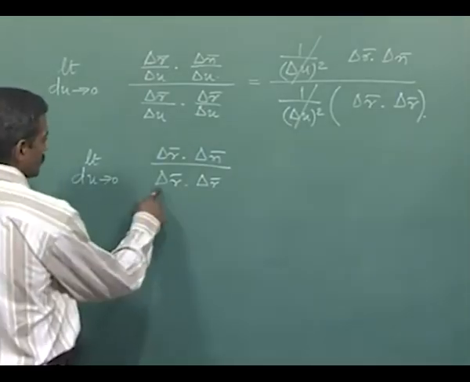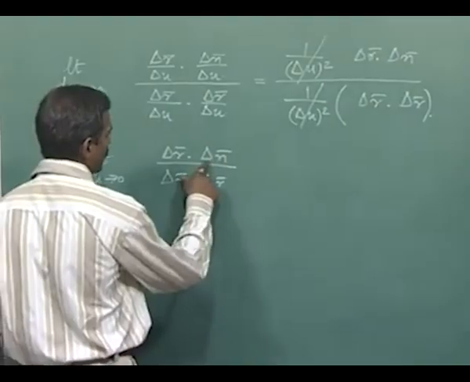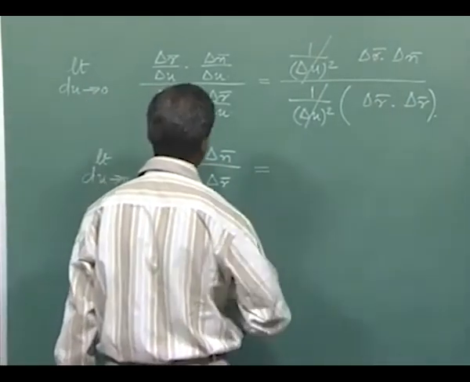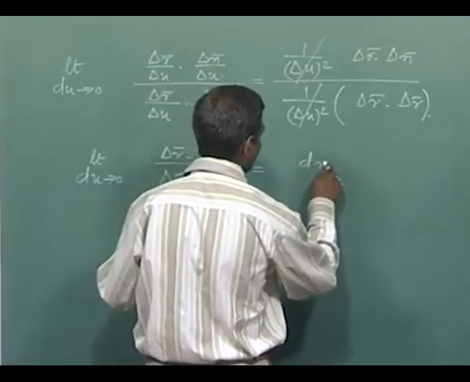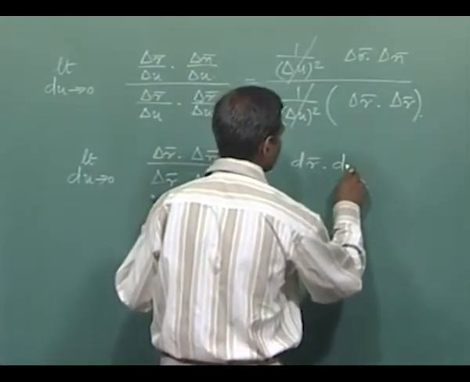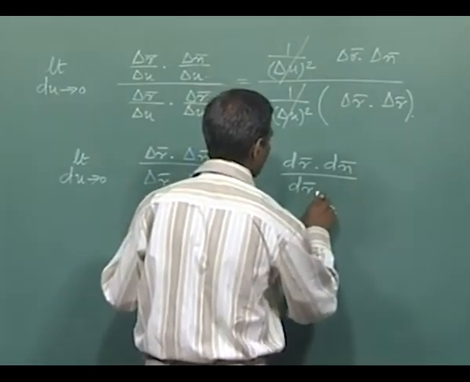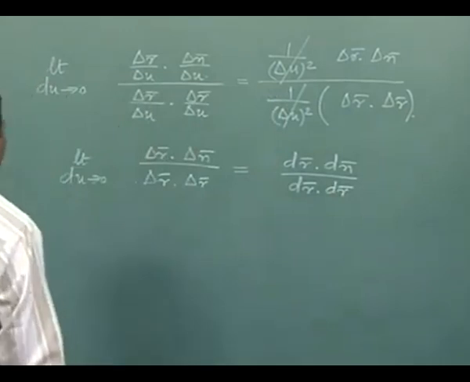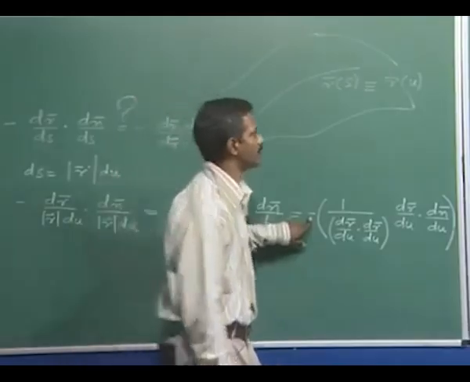Under conditions that delta r and delta n are very small, we can change the notation and write this result as dr dotted with dn over dr dotted with dr. There was a negative sign here.